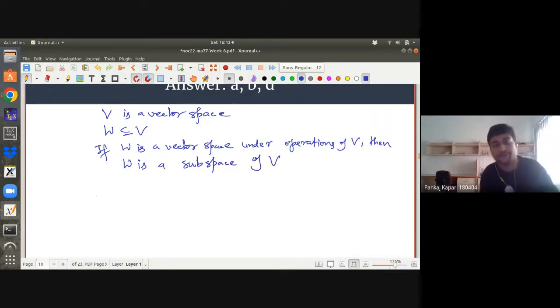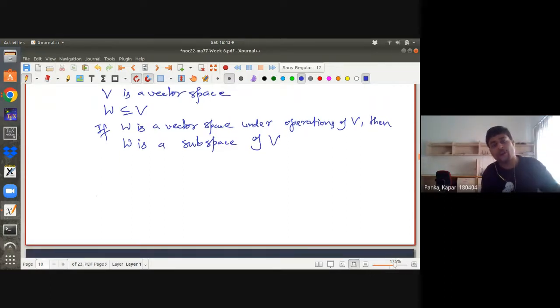then we say that W is a subspace of V. So how do we determine if a subset is a subspace of a vector space or not? There are two properties that we can always check.